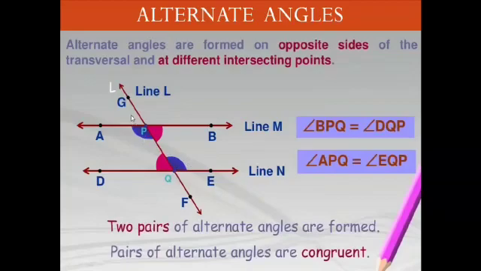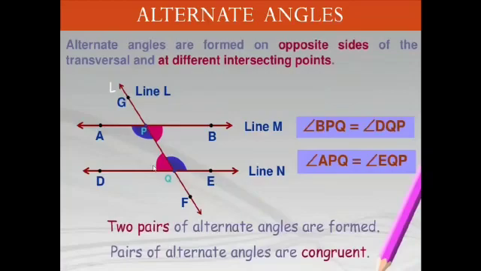Now, if I take this angle, angle GPA, and I take angle EQF, they are also alternate, but they are exterior angles. Alternate exterior angles. Similarly, angle GPB and angle DQF.